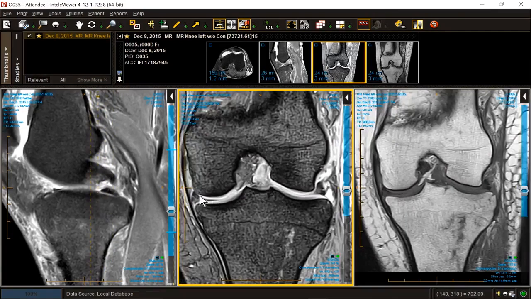Now, neither one of these tears is inciting inflammation. Neither one of these tears is associated with a cyst. Neither one of these tears is flipped, twisted, or displaced, or demonstrates instability. All reasons to be conservative in your description of this meniscus pathology, which is chronic.